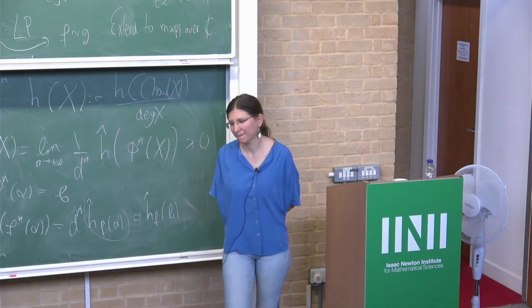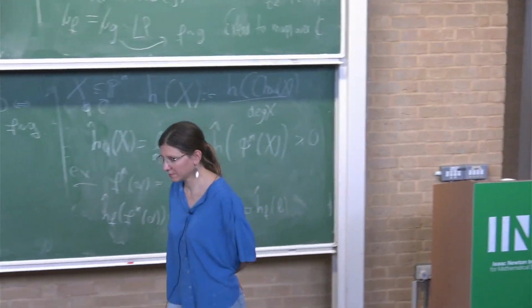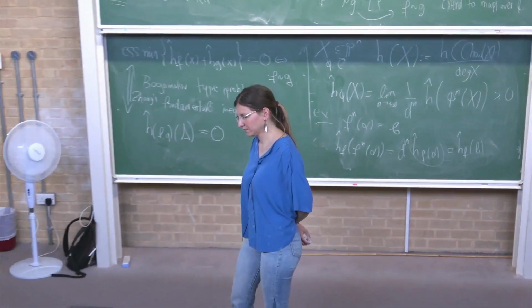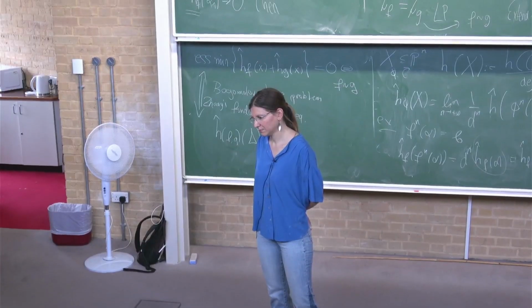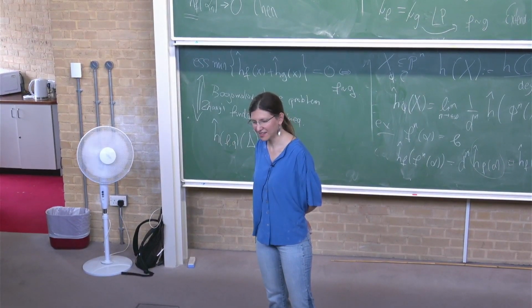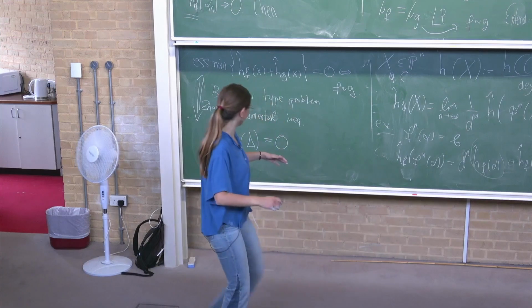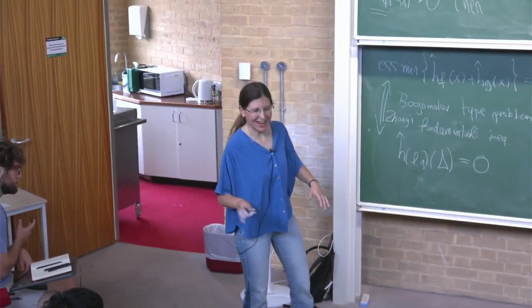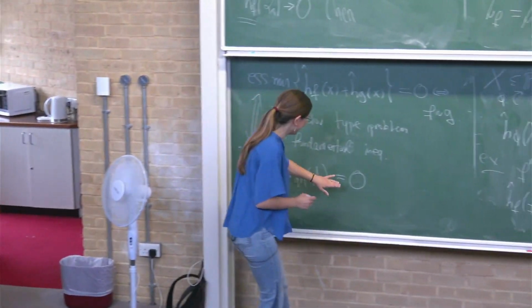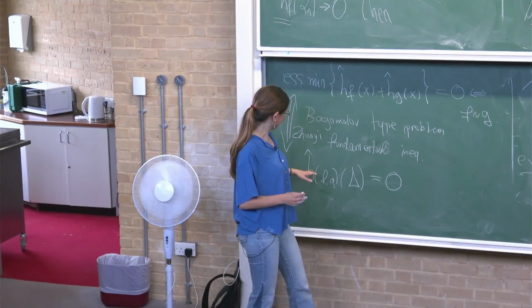Is there an example that you can explicitly calculate with non-zero canonical height? Non-zero canonical height? Yeah, explicitly. It's very hard to compute heights, but let's see if I don't get stuck.